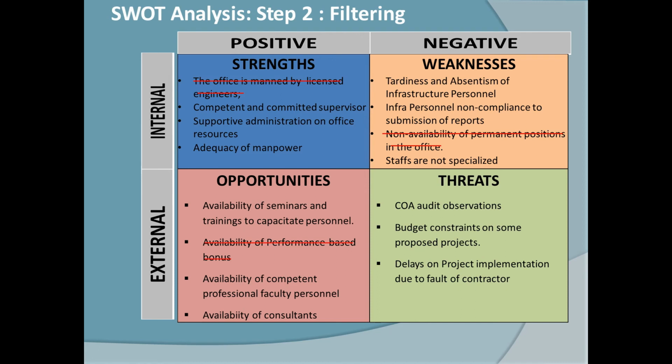Another item to be eliminated under opportunities, we have availability of PBB or performance-based bonus because this cannot be applicable to temporary staff or contractual staff. So we cannot use this either.